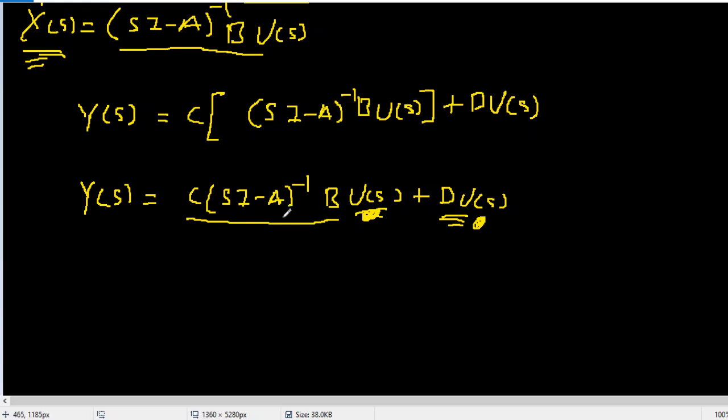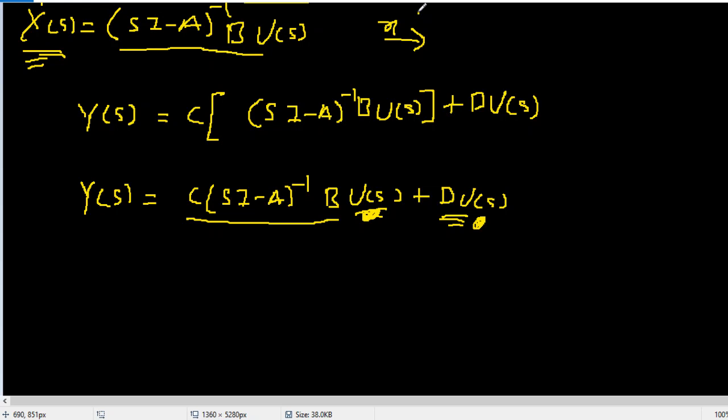Because the term that enters from the input side is U, not the X. When we are talking about any block diagram, the signal that enters from the input side is considered as U. This is a standard convention.